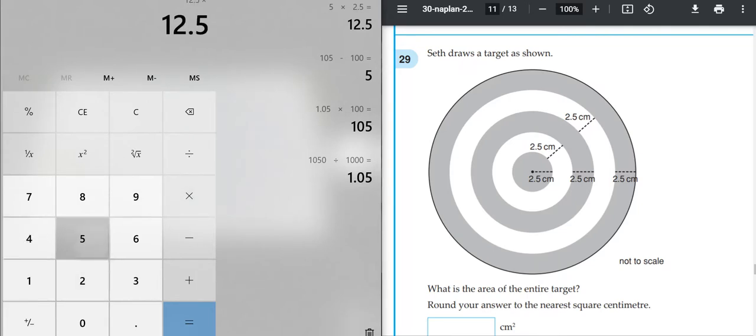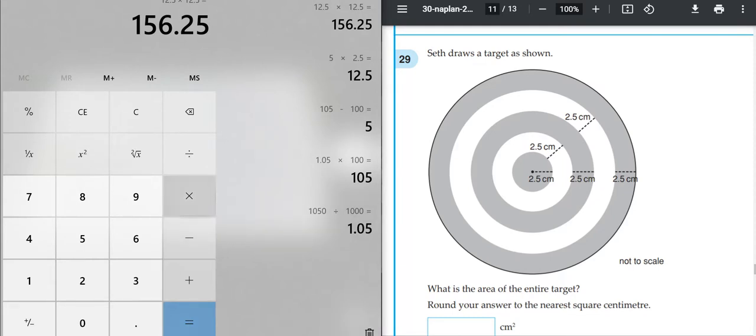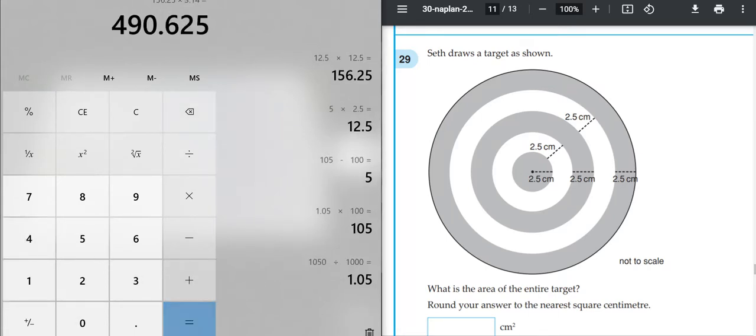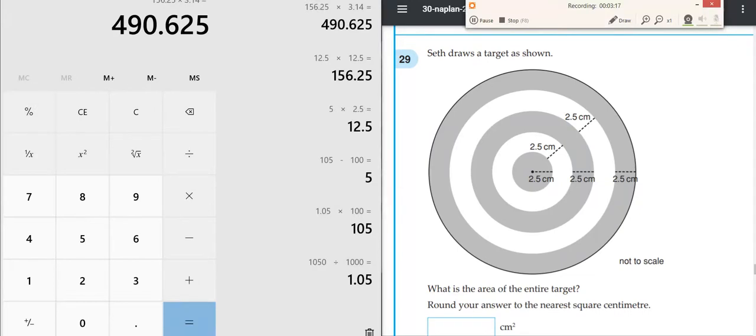That's our r squared, and then multiply that by pi, and I'll just go 3.14 as a rough. And it gets me 490. If I want it absolutely exact, I'll go the exact.